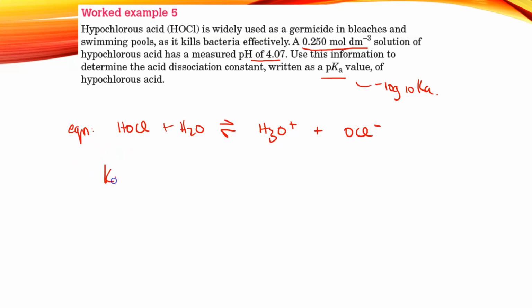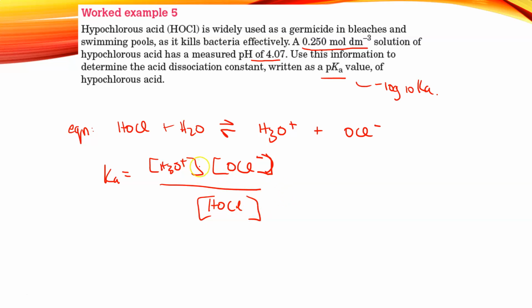So I'm going to write my Ka expression, all over HOCl, which I can simplify down because this is a 1:1 ratio. So these are going to be exactly the same value. So this becomes H3O+ squared all over HOCl.